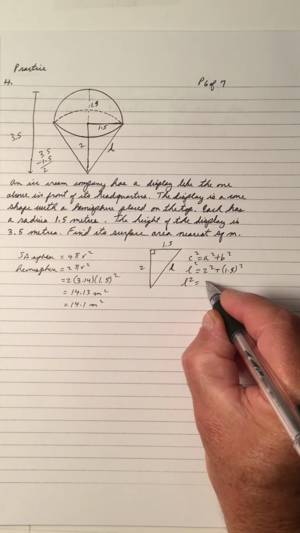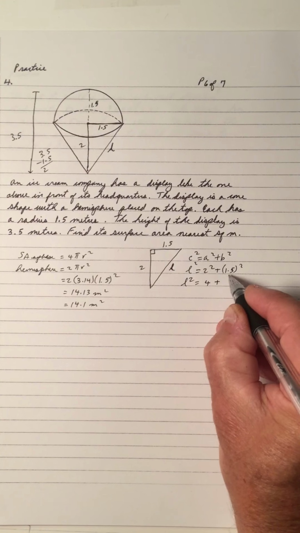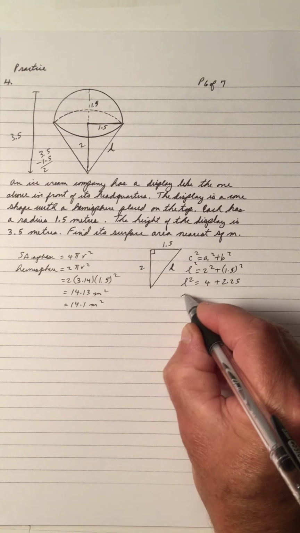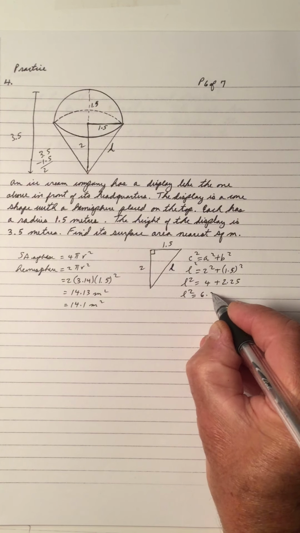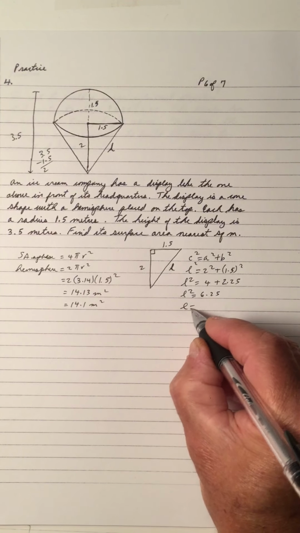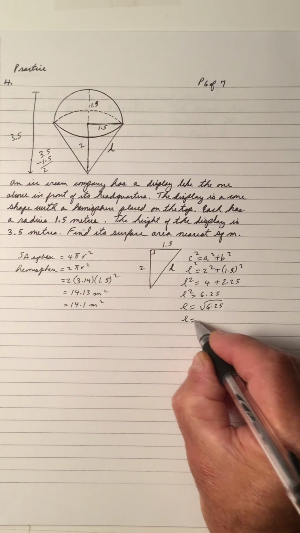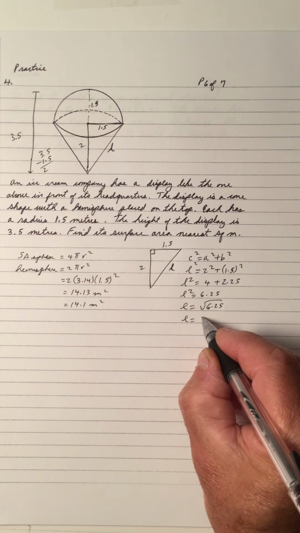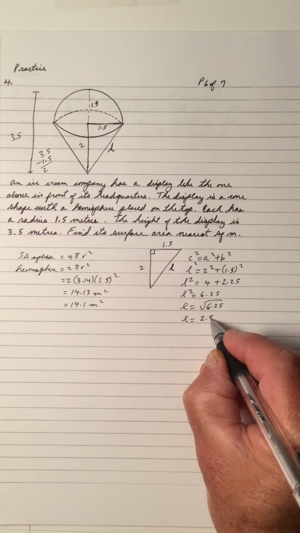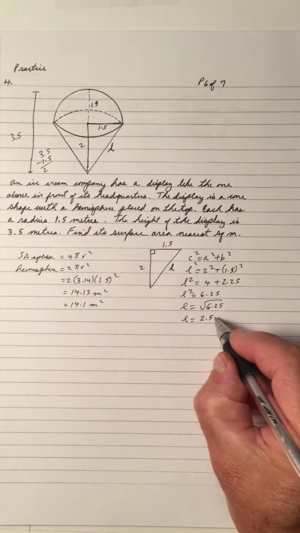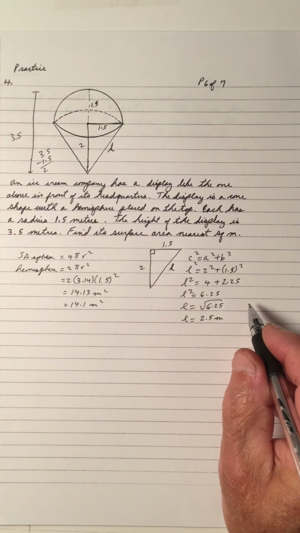So L squared, 2 squared is 4. 1.5 times 1.5 is 2.25. So L squared is 6.25. L is the square root of 6.25, and the square root of 6.25 is 2.5. And this is in meters, so it's only one dimension.